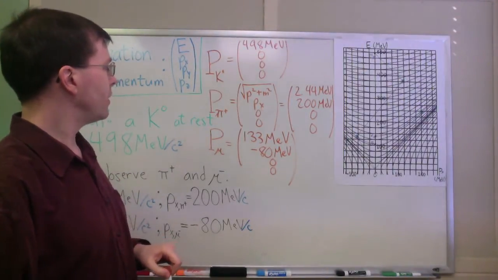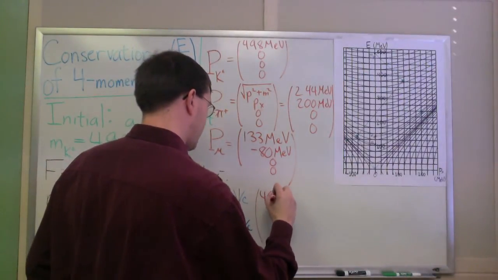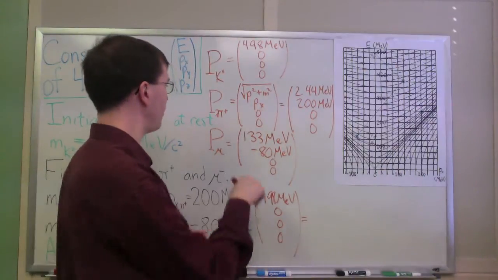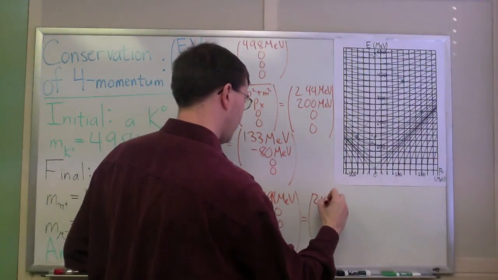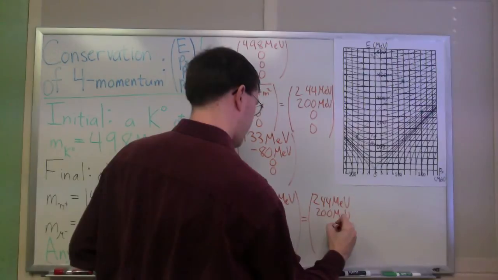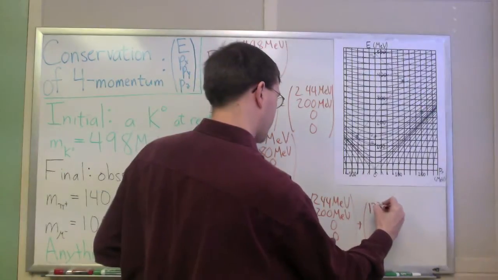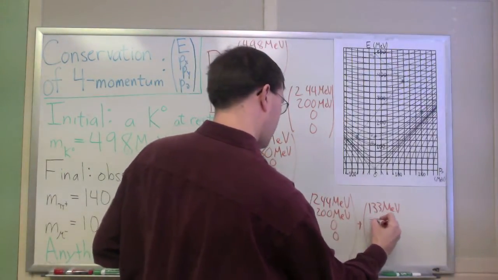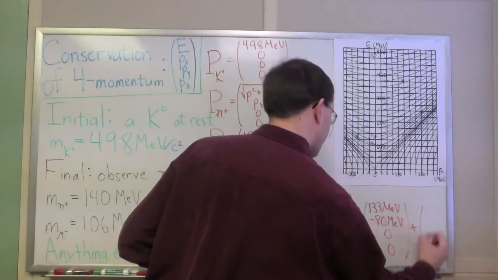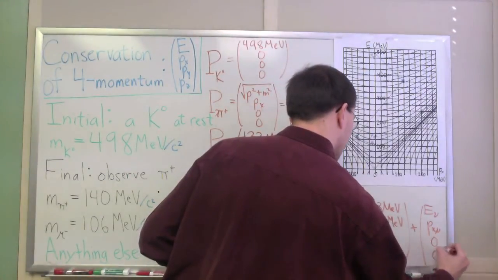Putting all this together, the statement of conservation of 4 momentum is that 498 MeV, 0, 0, 0, that's that kaon at rest, has to equal 244 MeV, 200 MeV, 0, 0, plus 133 MeV, minus 80 MeV, 0, 0, plus, and here's my missing part, my energy of my neutrino, Px of my neutrino, and I can see those are going to be 0.